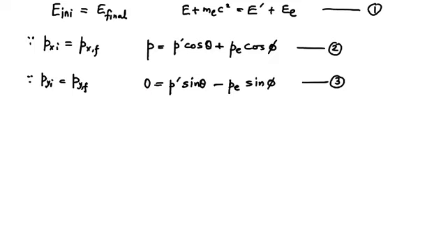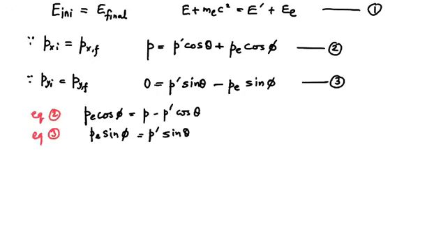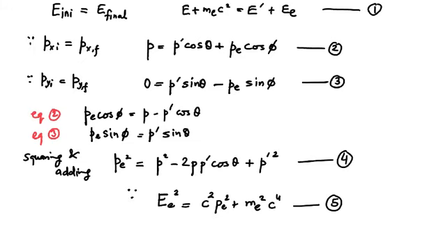For the y-axis, initial momentum is 0 because neither photon nor electron was moving along the y-axis. We can rearrange equations 2 and 3 to get these two equations. Now we can simply square and add these two equations.